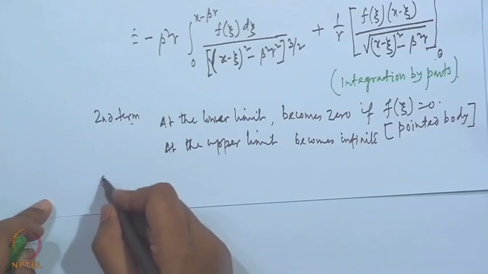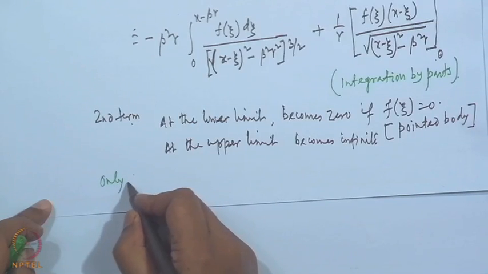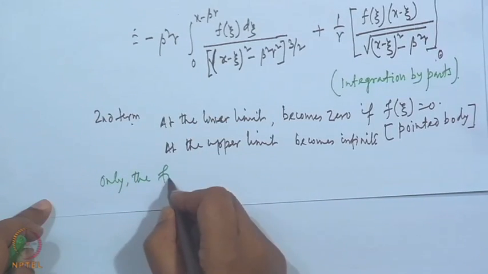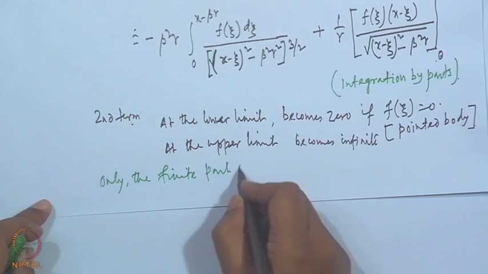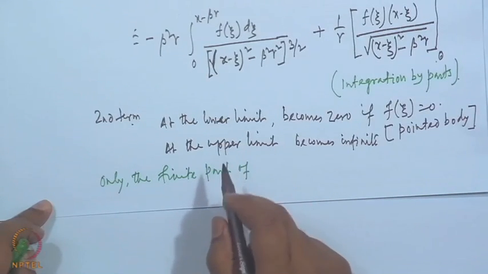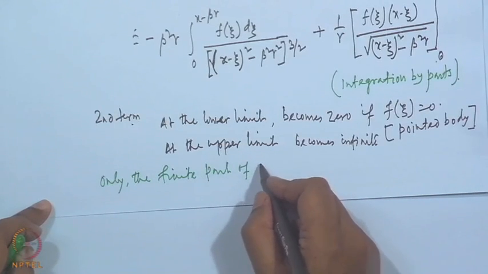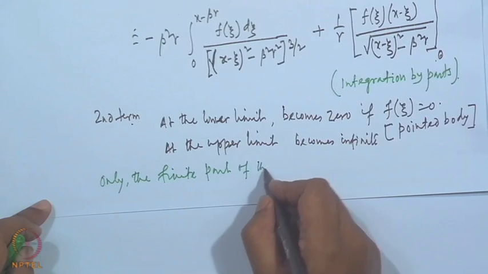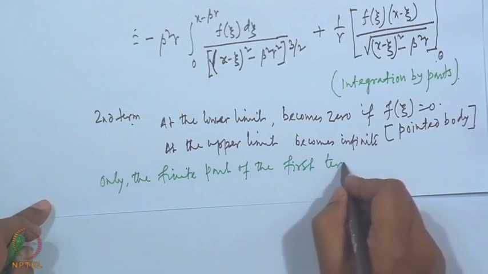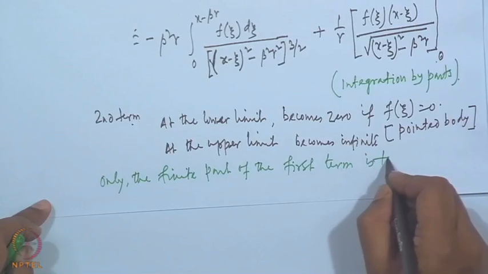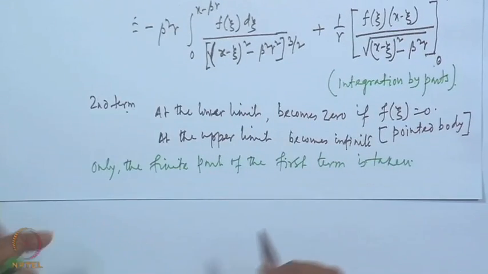So, what we need is only the finite part, or called the principal part, of the first term is taken.